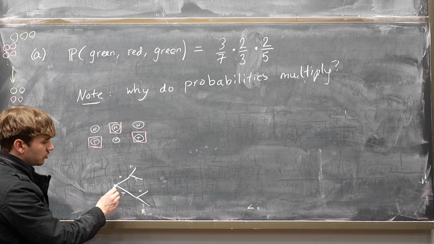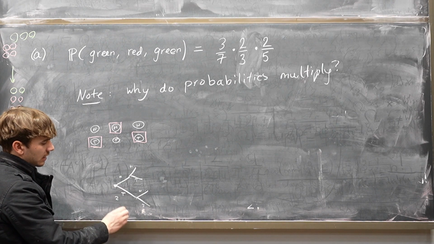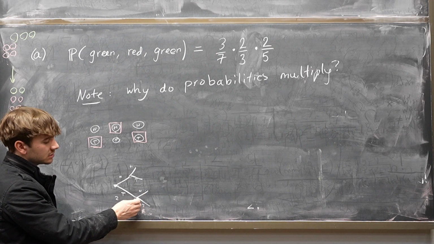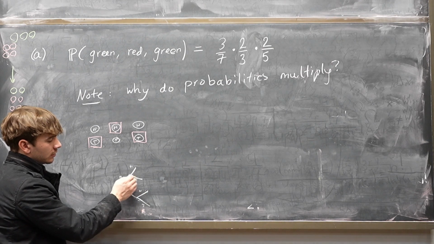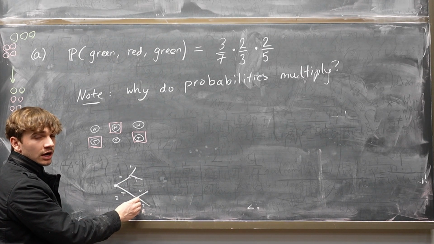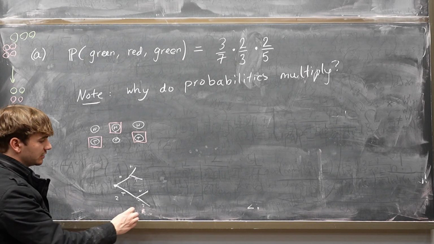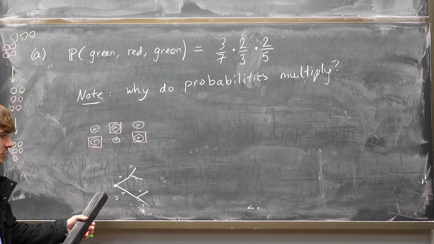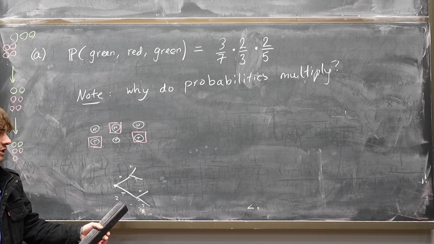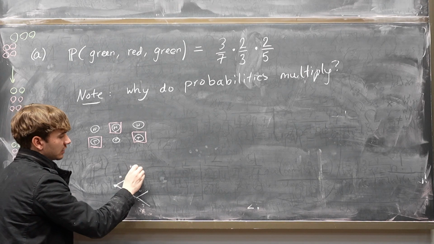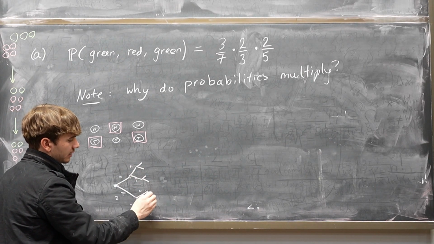So since I have 2 possible outcomes here, and then each of my 2 branches is splitting into 2 new branches, I have a total of 4 possibilities, namely 2 times 2, okay? Sorry, I should mention that for the third coin flip, this is going to branch off again.